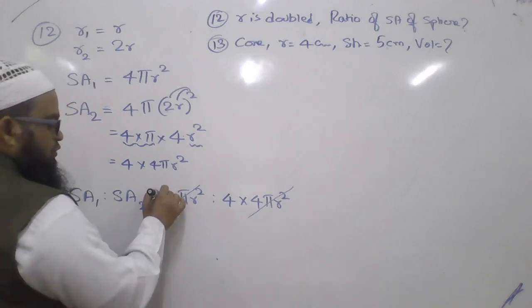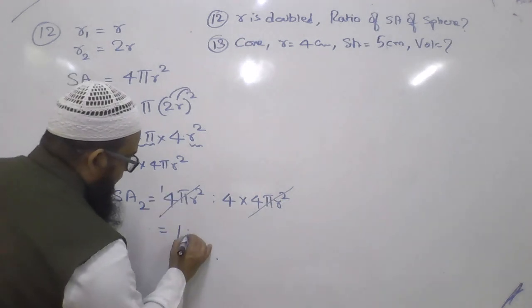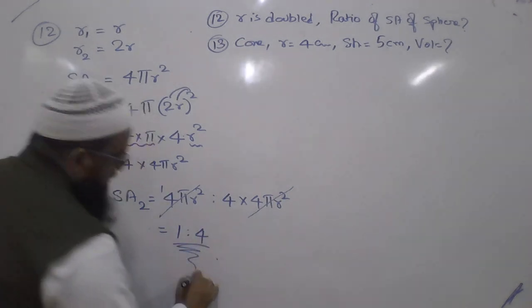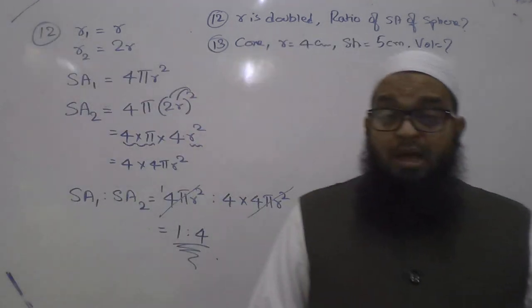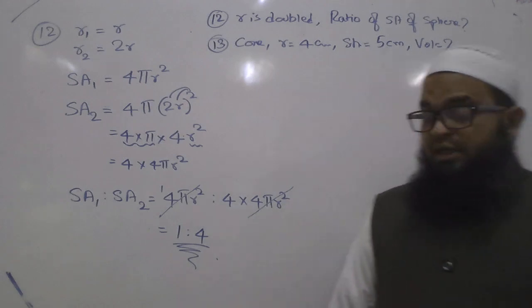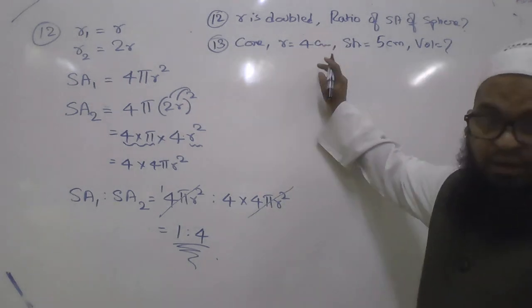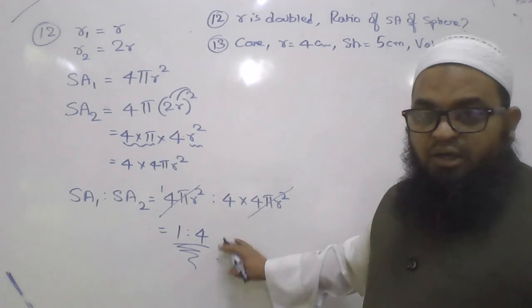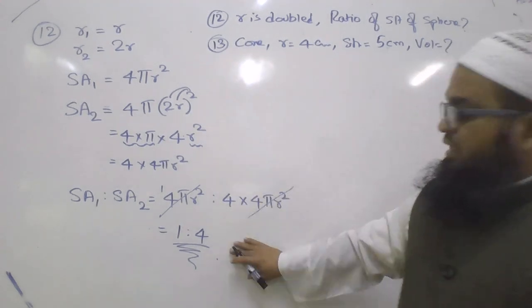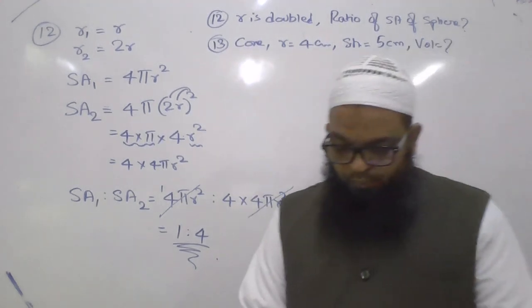So what is left out? 1 is to 4. So the ratio of surface area of original sphere to the sphere whose radius is doubled is 1:4. Is it clear?